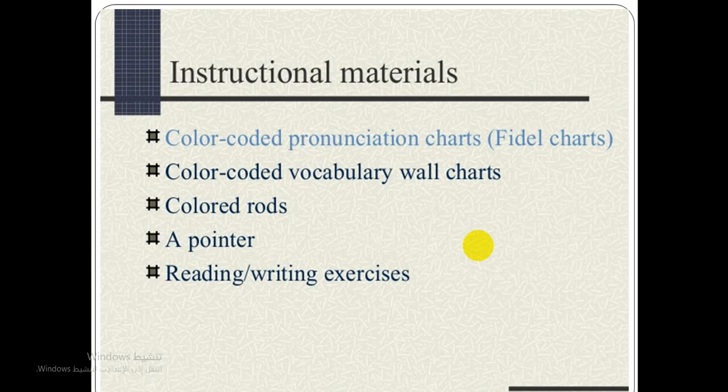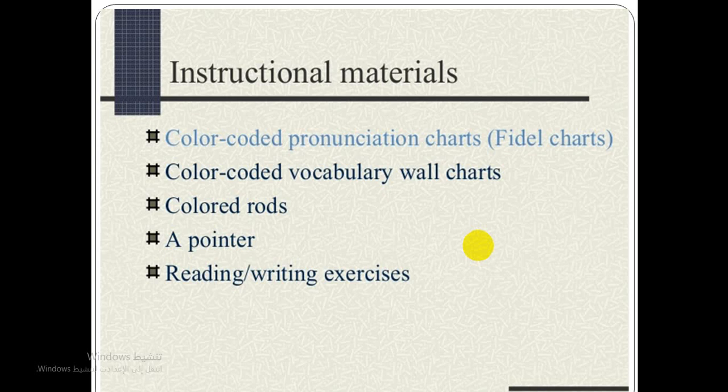Also, the materials are designed for manipulation by the students and the teacher independently and cooperatively, promoting learning by direct association. There are a number of symbols and charts in the target language for all of the vowel and consonant sounds of the language.